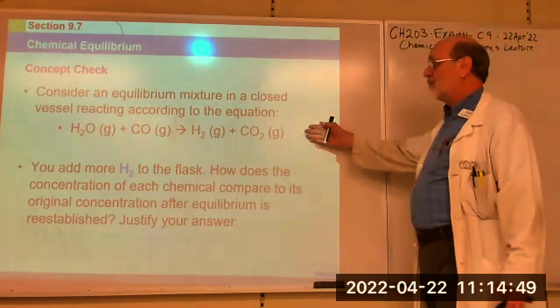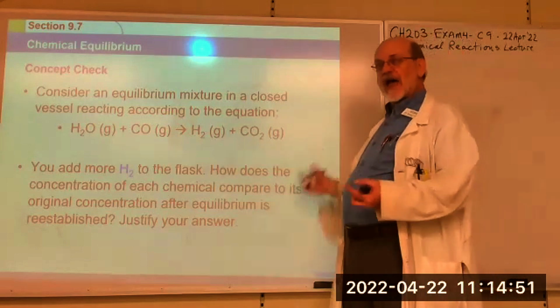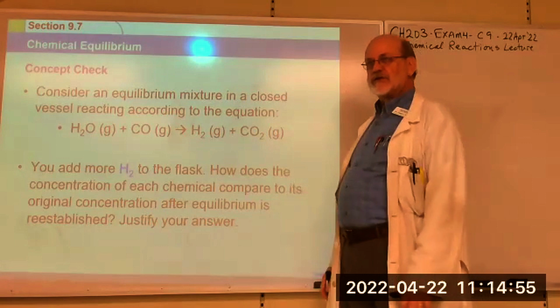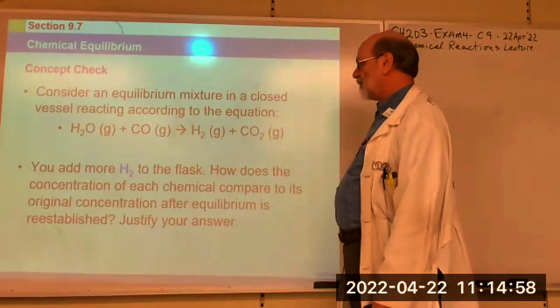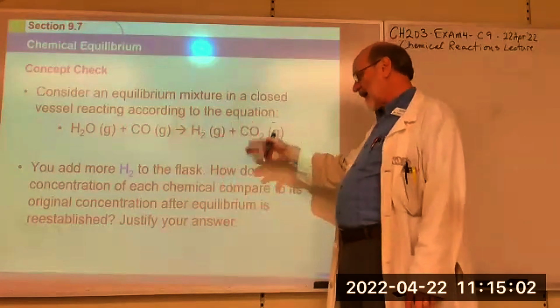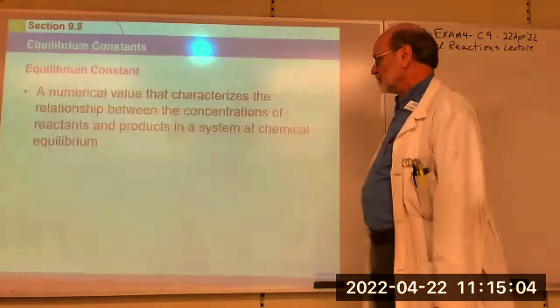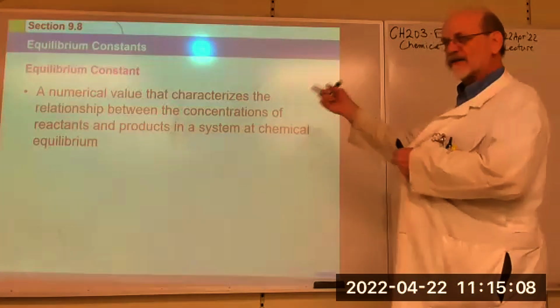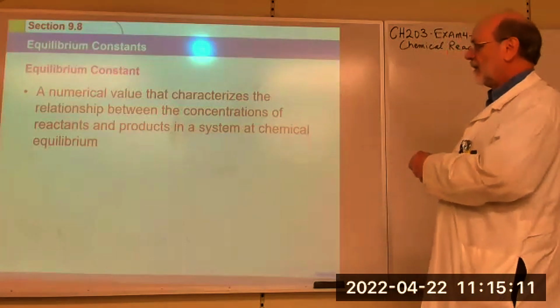We start off at equilibrium, which is a happy medium, and then we disturb it. We do something to upset the equilibrium. In this case, we're adding reactant or we're adding product to do it. We'll come back to Le Chatelier in a minute.